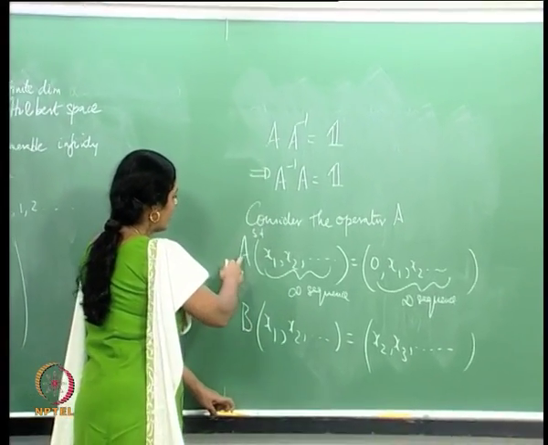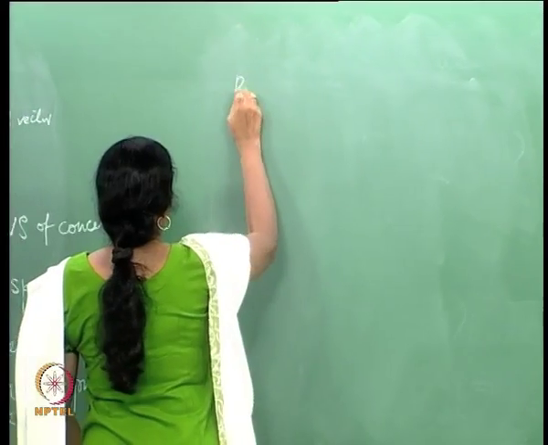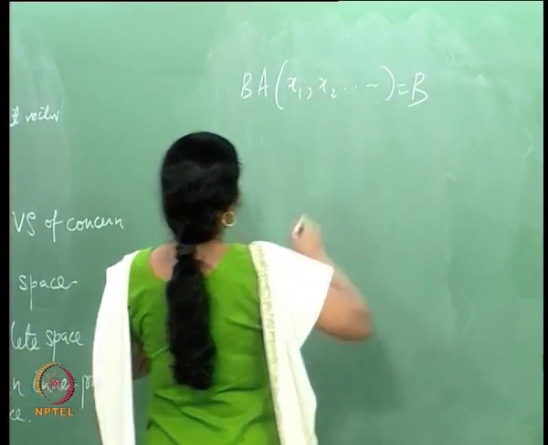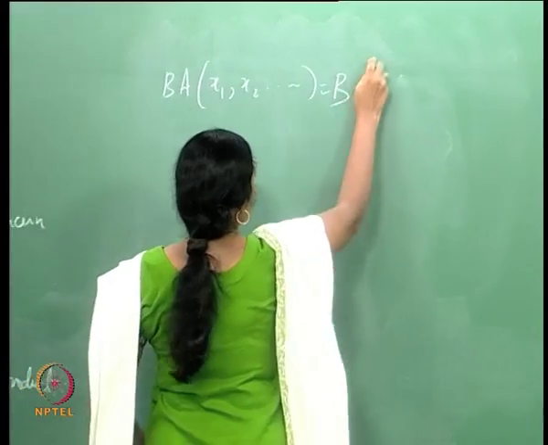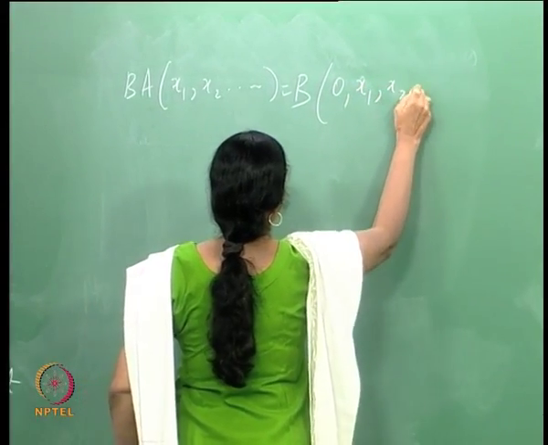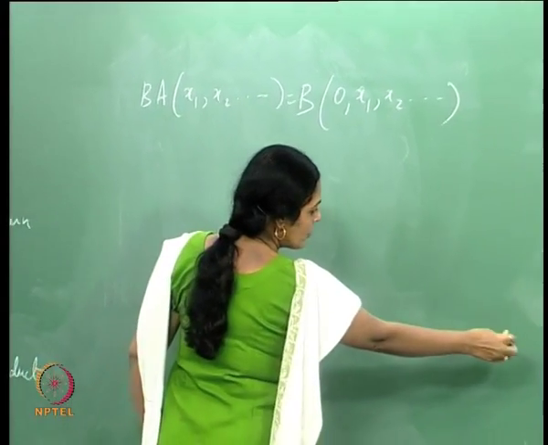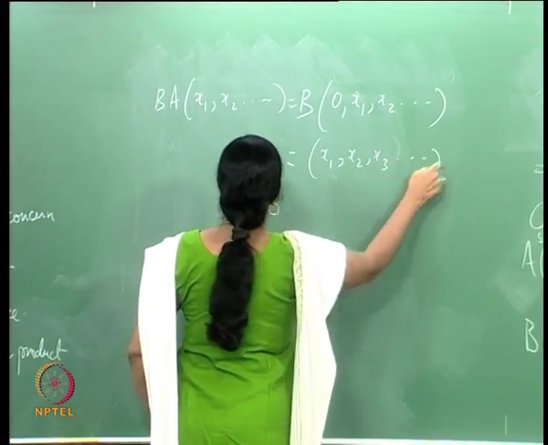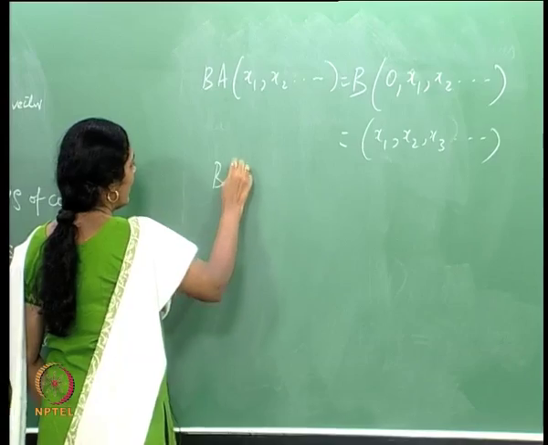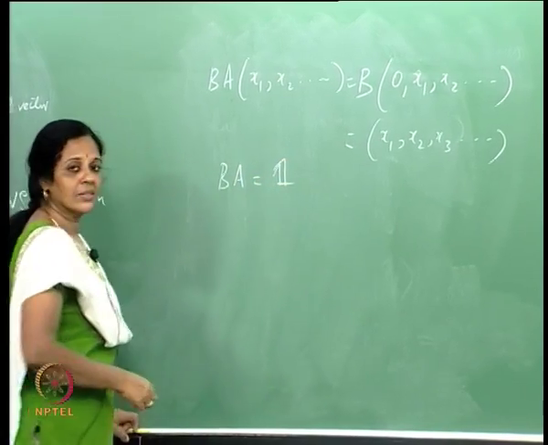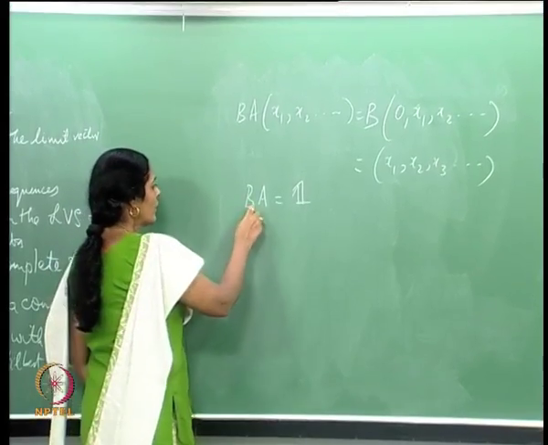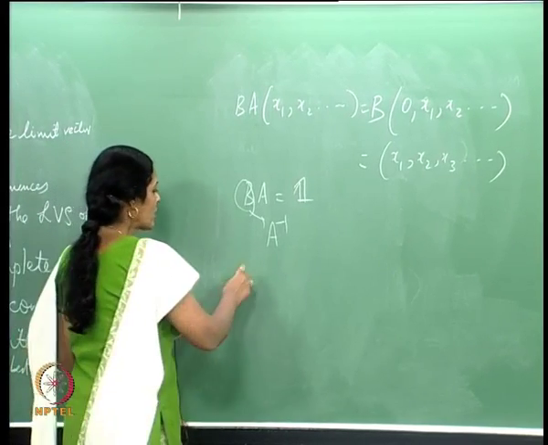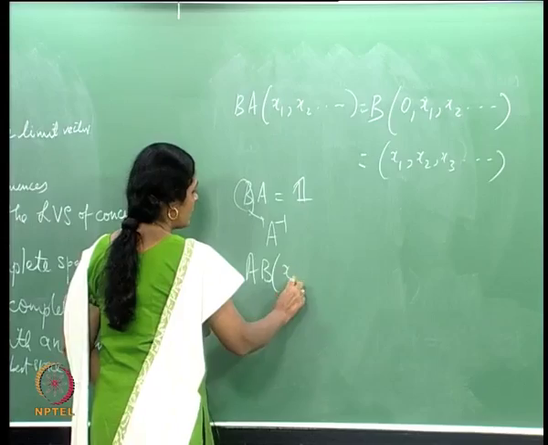So what is BA acting on the sequence x1, x2, and so on? Since it acts linearly, it is B acting on 0, x1, x2, and so on. But the action of B is to remove the first entry, and therefore it restores the original sequence, and therefore BA acts like the identity operator. So it looks like B is A inverse because A inverse A is the identity operator. But now let's find out AB acting on the sequence.